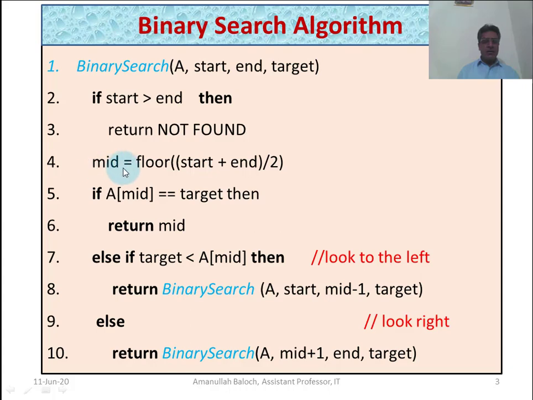Line number 4 is calculating the middle value, from where the algorithm will subdivide the full array into two equal subsections.